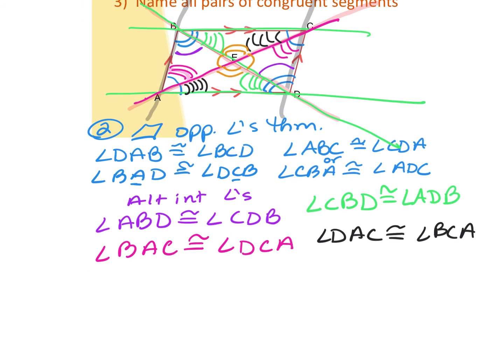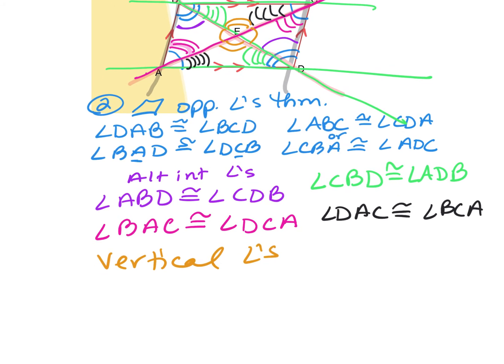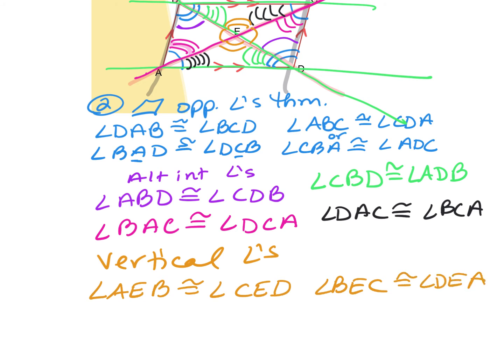So I've also got vertical angles that are congruent. And those vertical angles are either AEB is congruent to CED, and the other pair would be angle BEC congruent to DEA. Now I'm going to redraw the picture instead of trying to draw in the congruent segments.